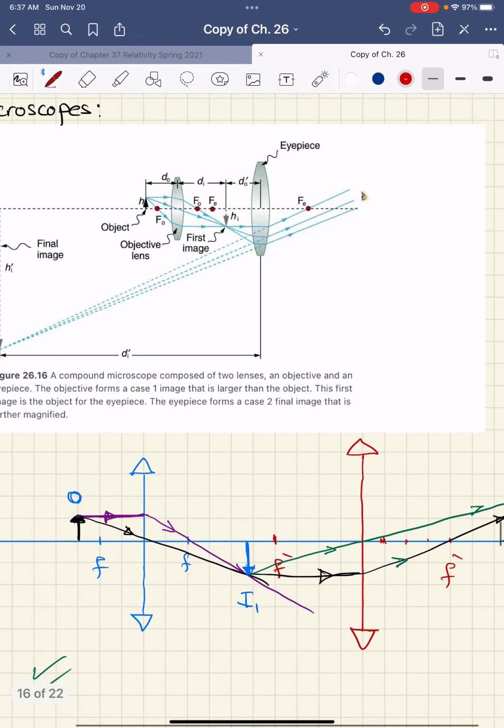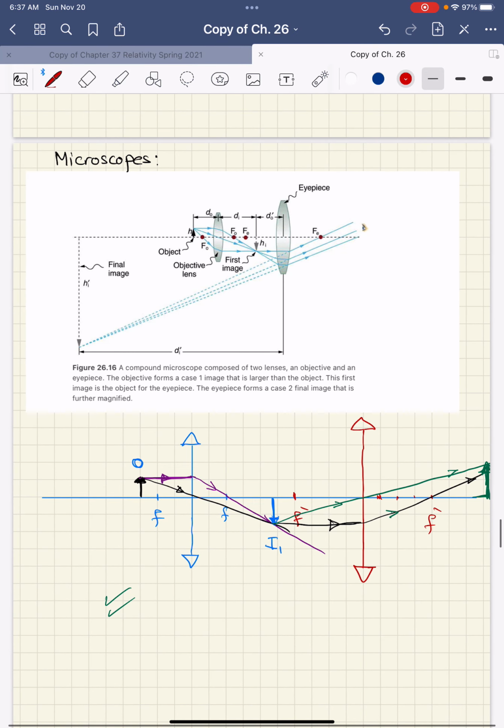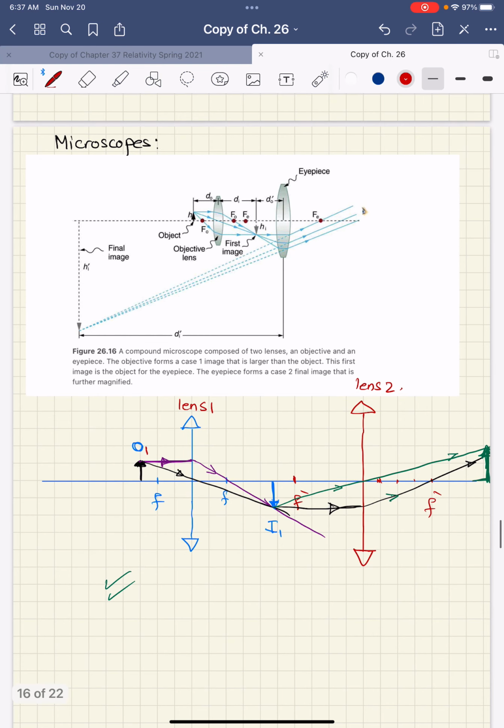Okay, here I did draw this. This first one is the object. It is standing in front of the first lens. I will call this lens one, in the order of forming the images.